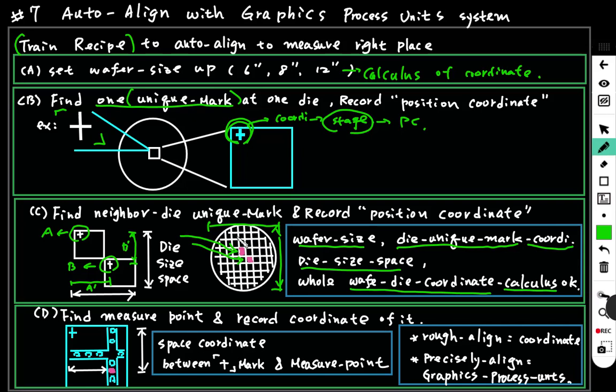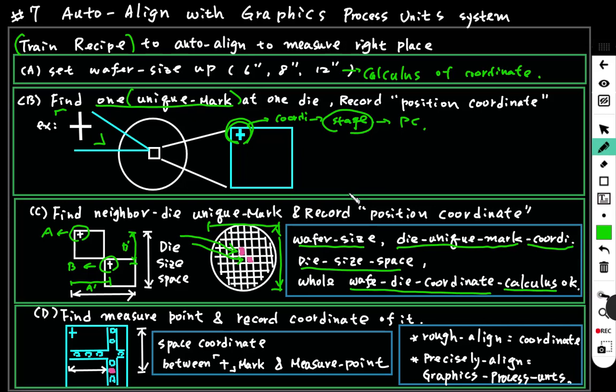Until now, we know whole die coordinate at this wafer. Now we can choose any one die, coordinate the graphics process units system to measure it.